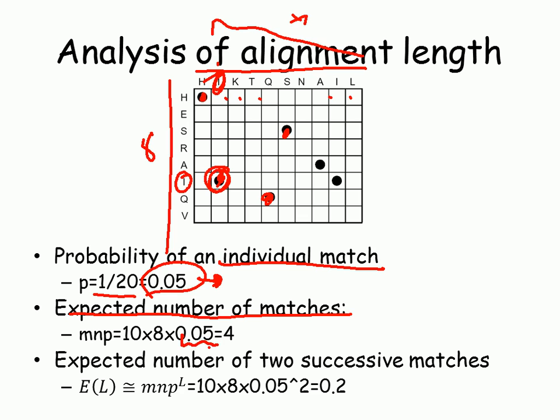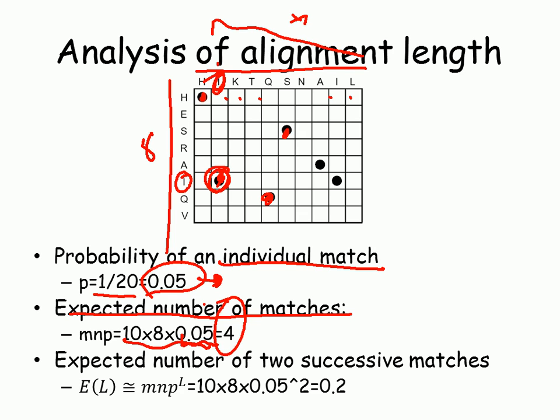The probability of each cell being an identical hit is 0.05. The expected number of matches is 10 times 8 times 0.05, and that's 4. So given a protein that's 10 residues long and another protein that's 8 residues long, I would, on the average, expect to see 4 identical matches when I look at their table.